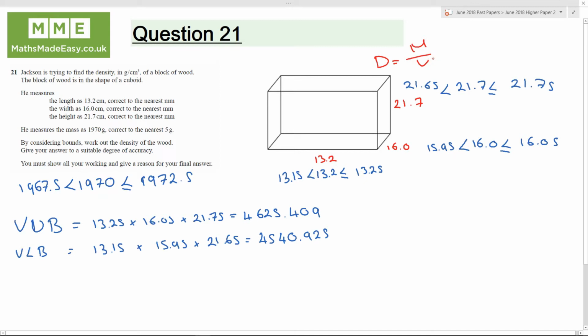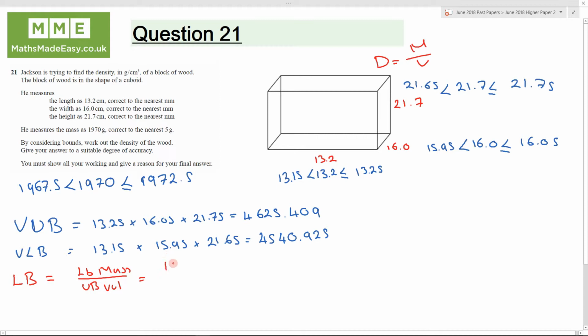Okay, now to work out the density, we have to do density equals mass divided by volume. So we want to now work out the upper and lower bound of density. The lower bound of density will be the lower bound of mass over the upper bound of volume.